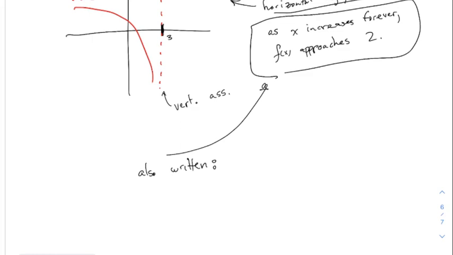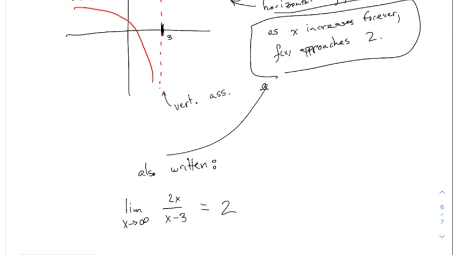And the only sensible way to write as x increases forever as a limit is like this: the limit as x goes to infinity. That's what I mean when I say as x increases forever. In this case, it's the limit of the function 2x over x minus 3, and it approaches 2. So that's the answer to that limit.